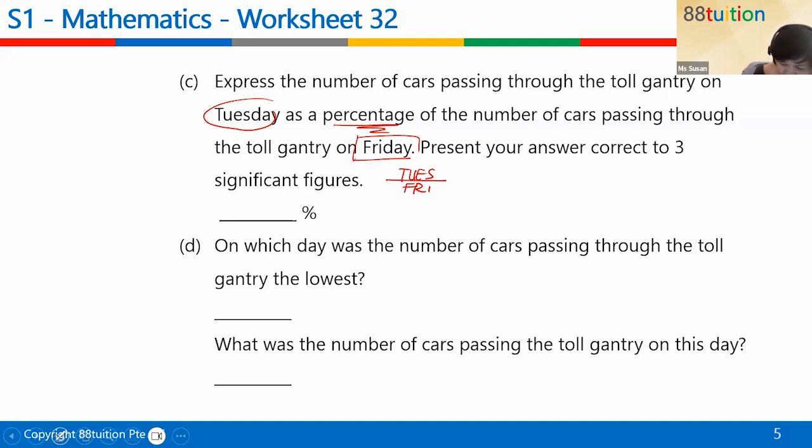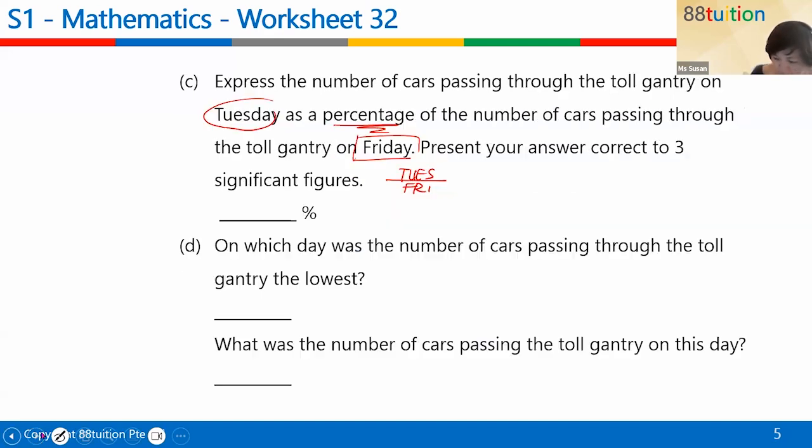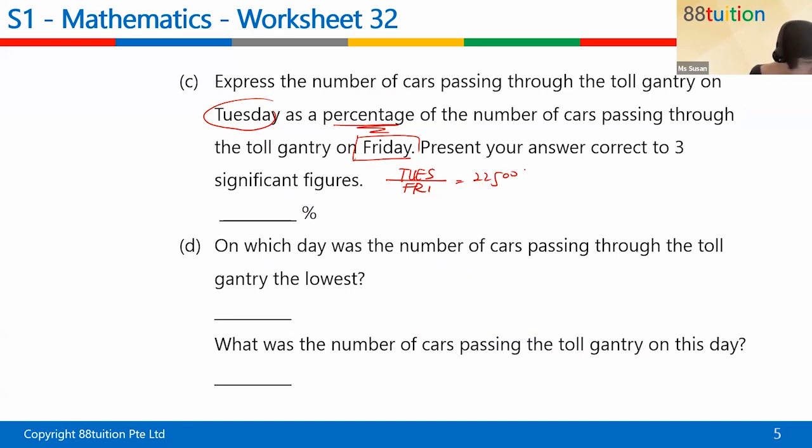Just now earlier on, Tuesday we have 22,500, right? 22,500 over the Friday, times 100%.